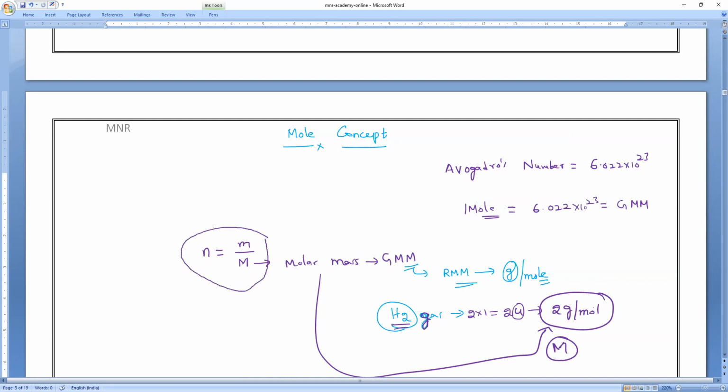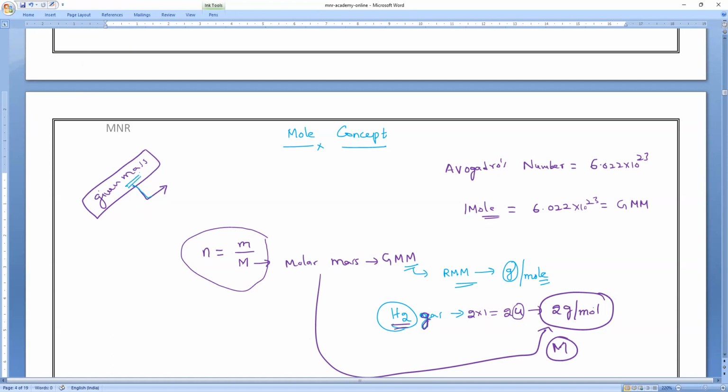Note it, everyone, whenever the mass is given, if you see the words given mass in the question, immediately your mind should say to calculate something. What is that?